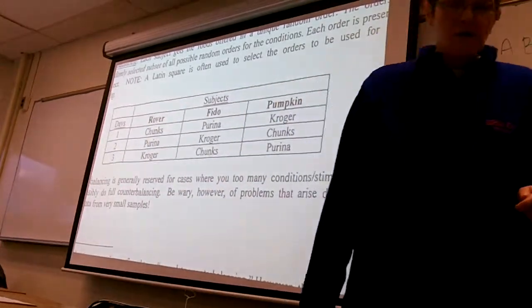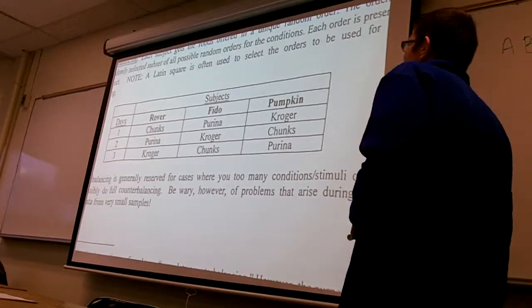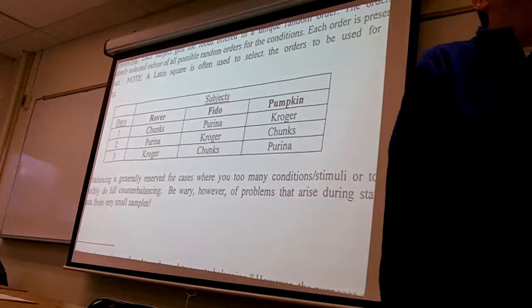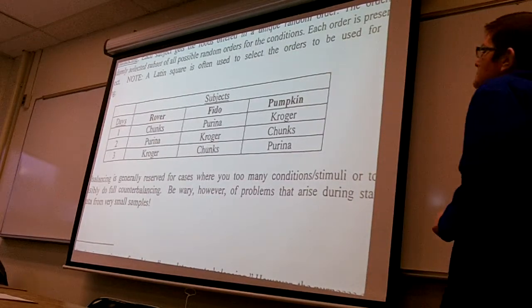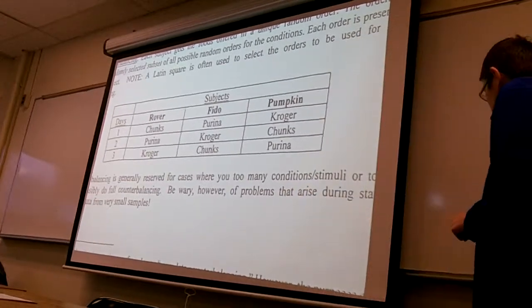Can you tell me what's the system? This is a systematic subset of the possible random orders. What's the system? Can you tell?